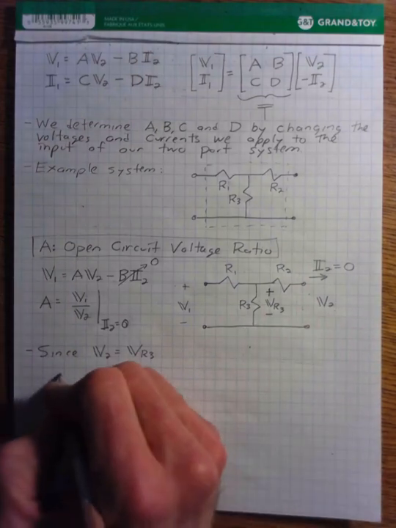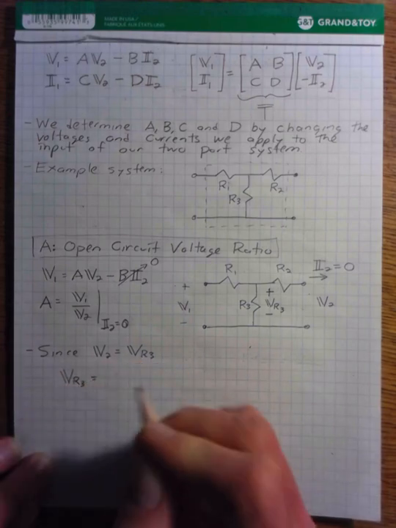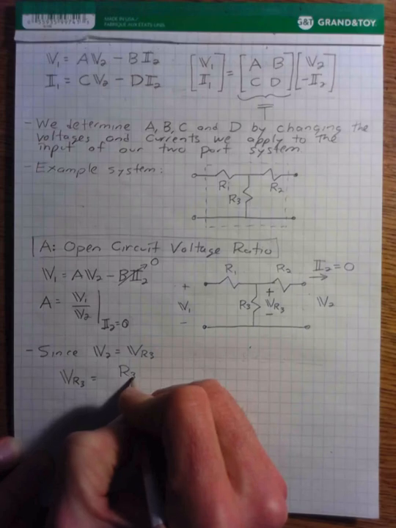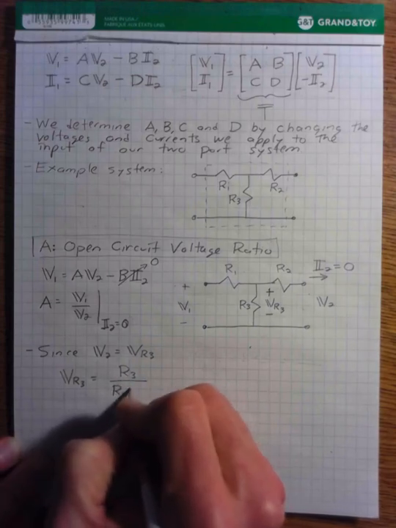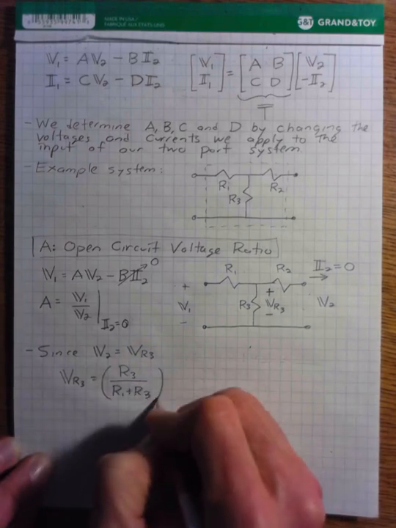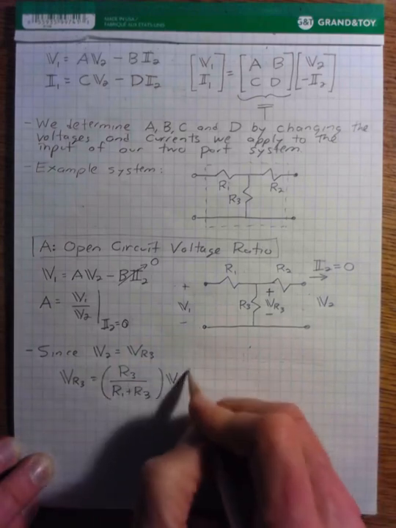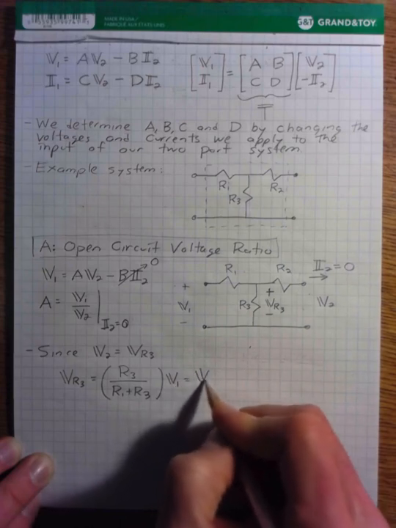So VR3 is equal to R3 over R1 plus R3 times V1, which is equal to V2.